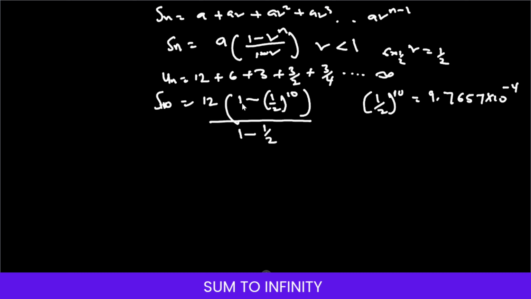So let's subtract it from 1: 1 minus 9.765 times 10 raised to the power minus 4 gives us 0.99902, which is approximately 1.